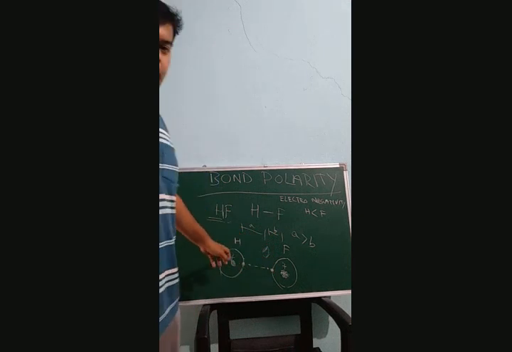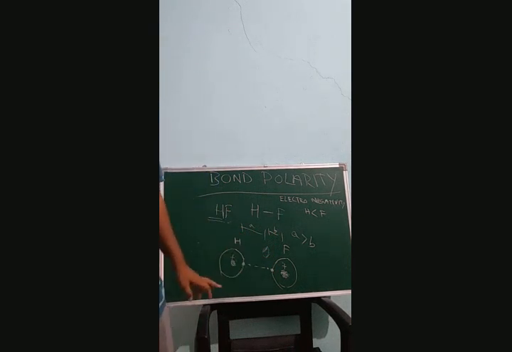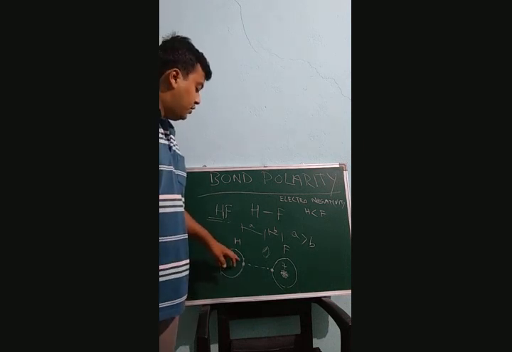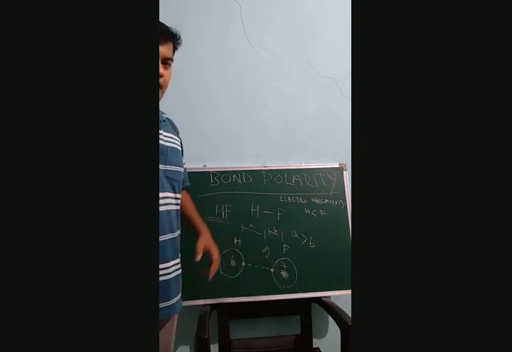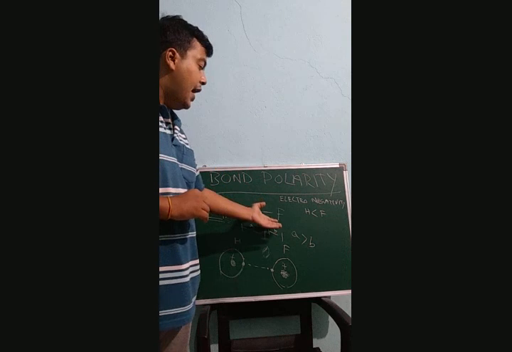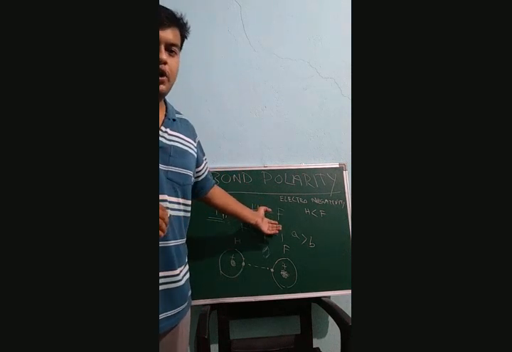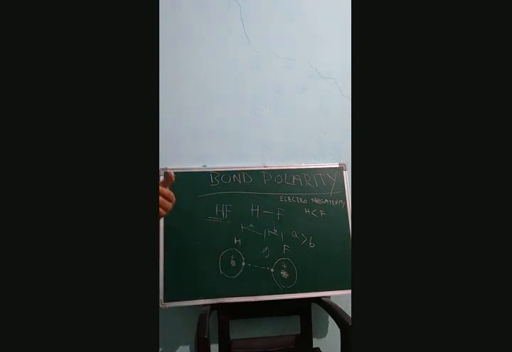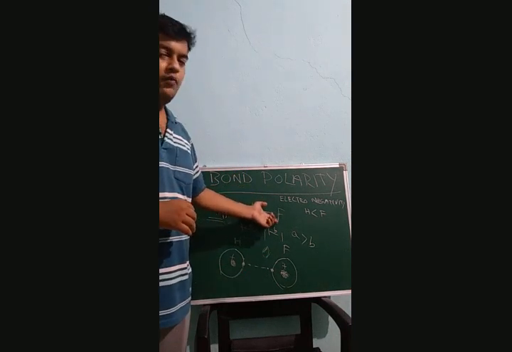If the bond is between two similar atoms, then the covalent bond will be charge neutral, because all the atoms present in the molecule attract the bond pair electrons equally. But what happens if we add a different atom, a more electronegative or a less electronegative atom? Then the more electronegative atom will attract the bond electron pair more than the other atom.